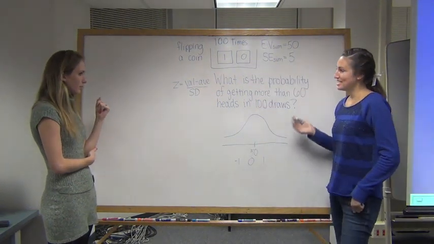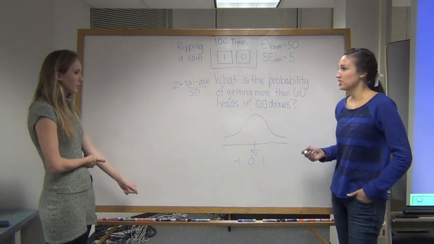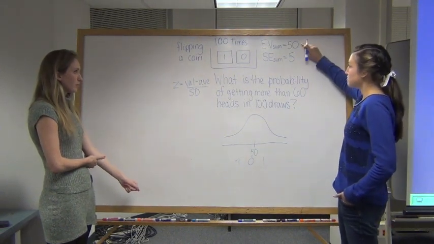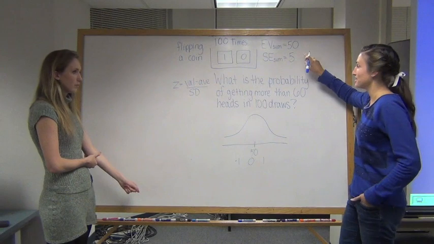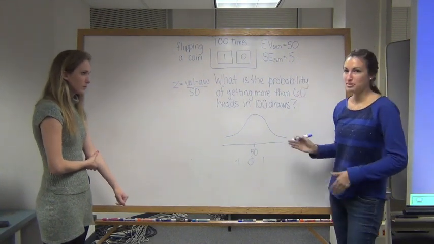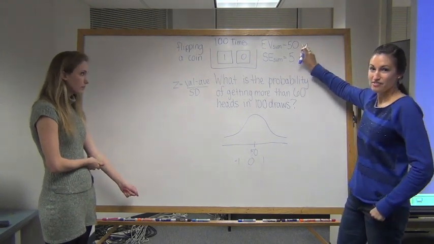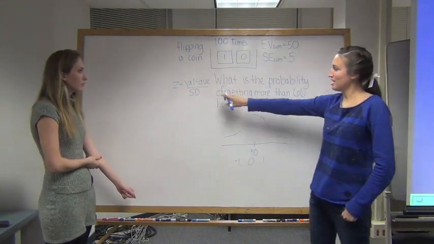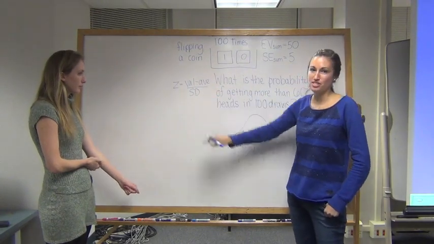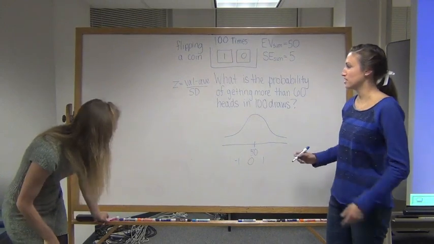Right. But now, instead of being given the average and the standard deviation, we're given the expected value of the sum and the standard error of the sum. Because we're looking at flipping a coin 100 times and we would expect to get 50 heads. So now we're going to have a new formula for the z-score.